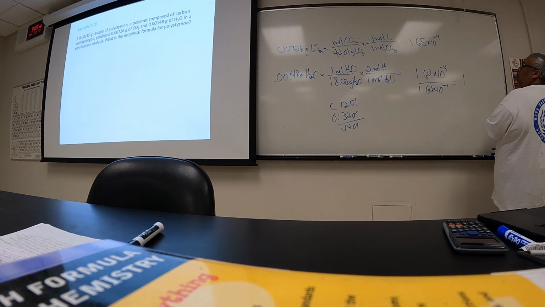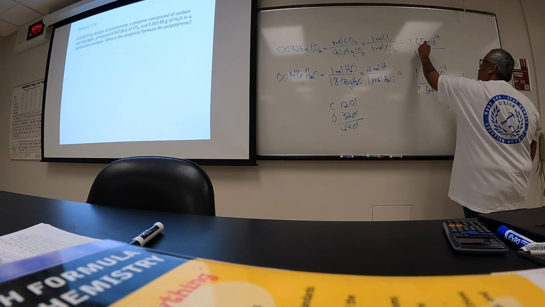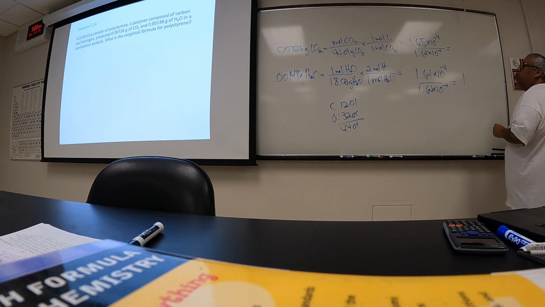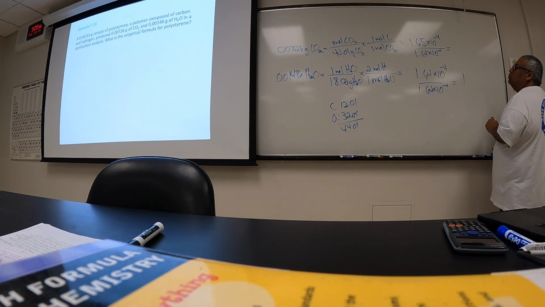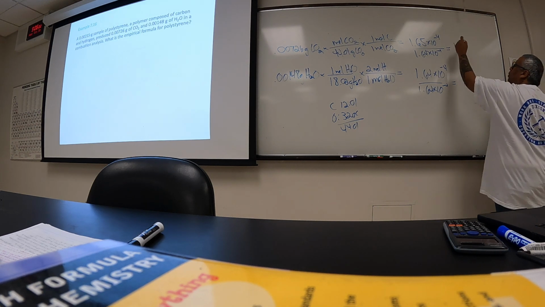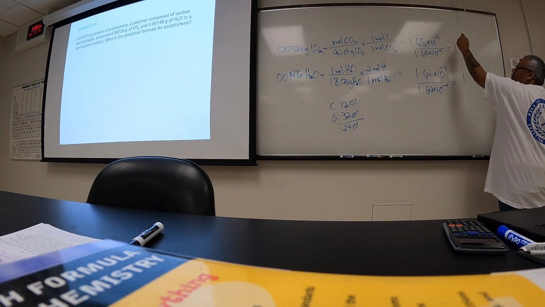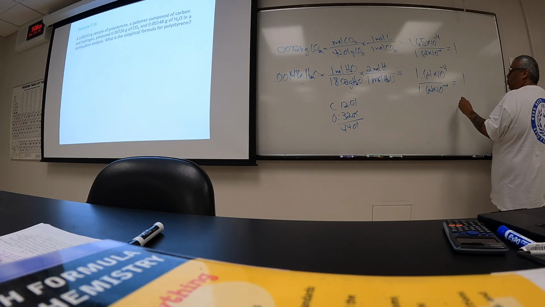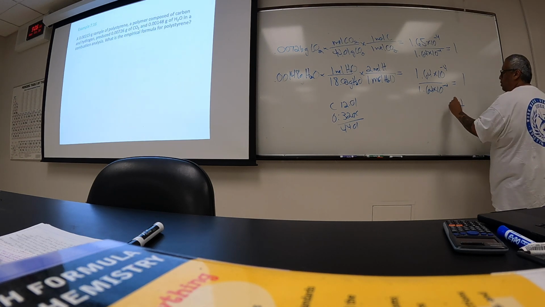Divide this by 1.64 times 10 to the -4, and what does that equal? 1.006. Round that to 1, so we have a 1 to 1 ratio.